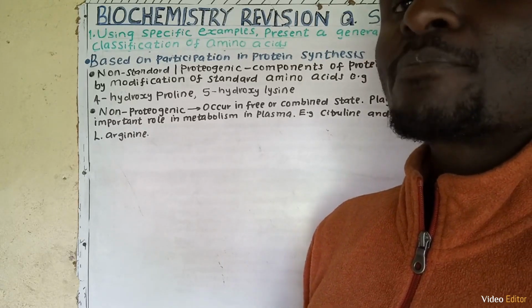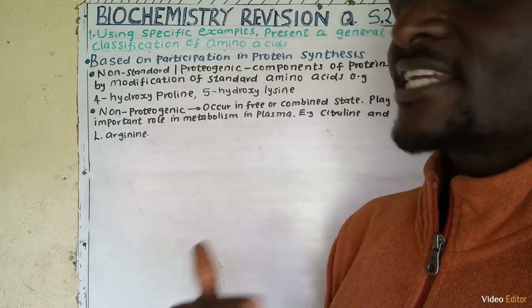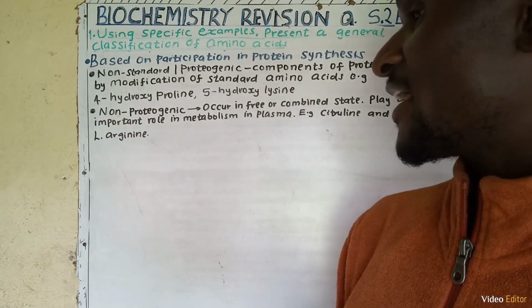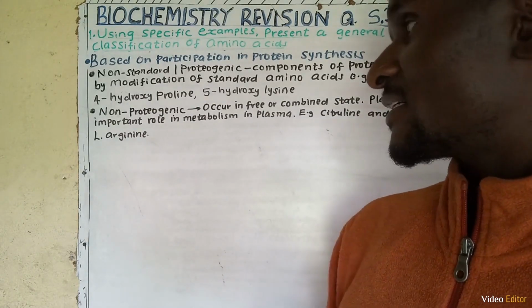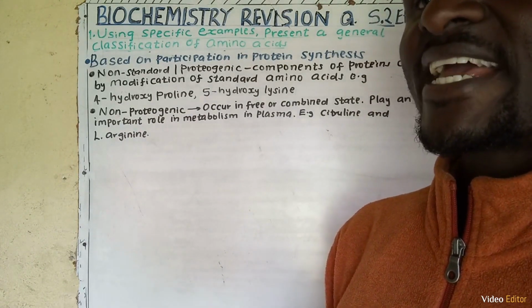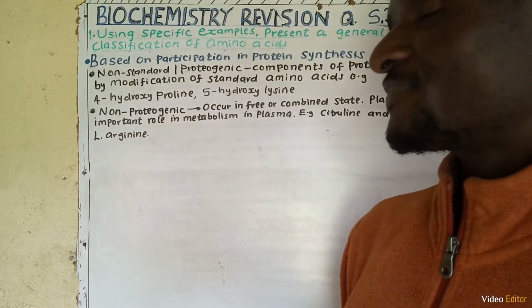Then we have non-proteogenic. They occur in free or combined state. They play an important role in metabolism in plasma. Examples of such amino acids are L-arginine and also citrulline.